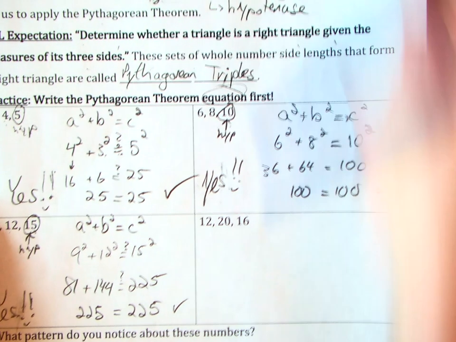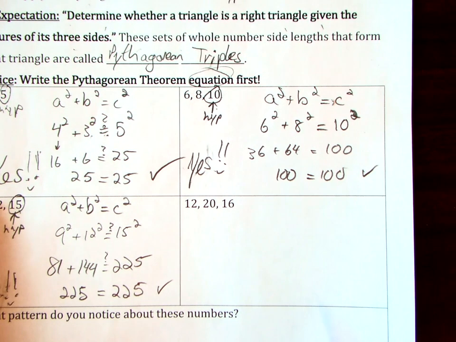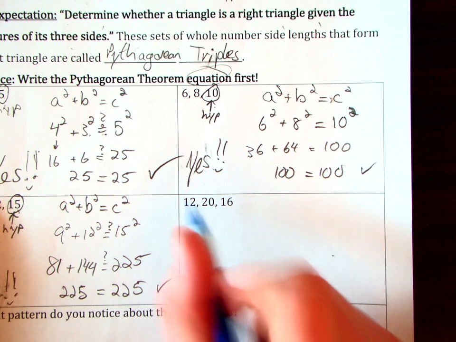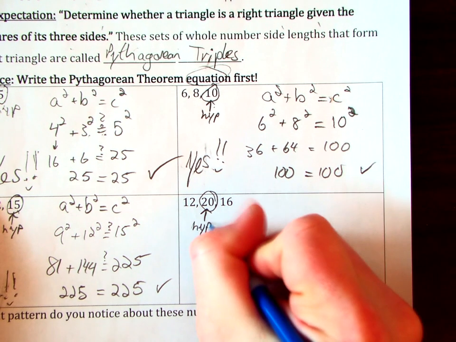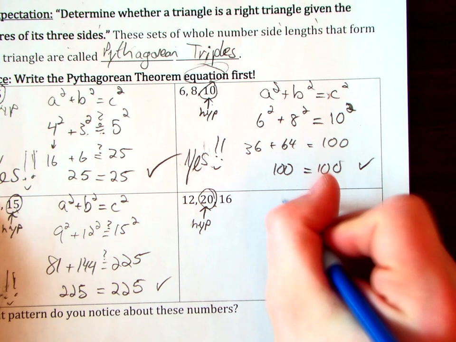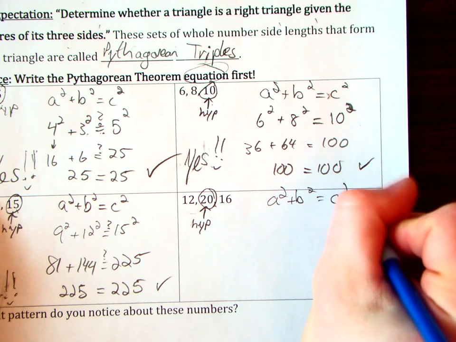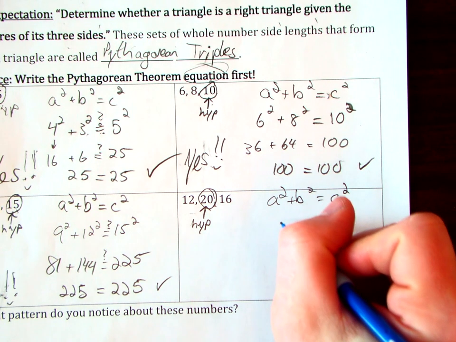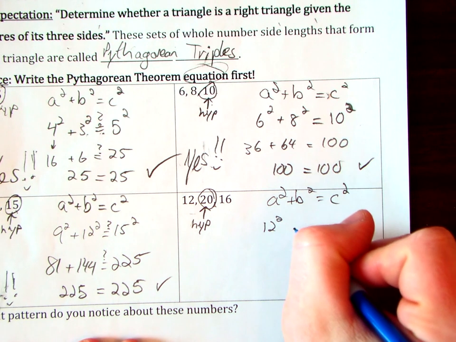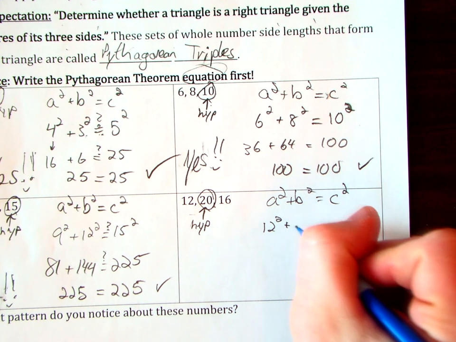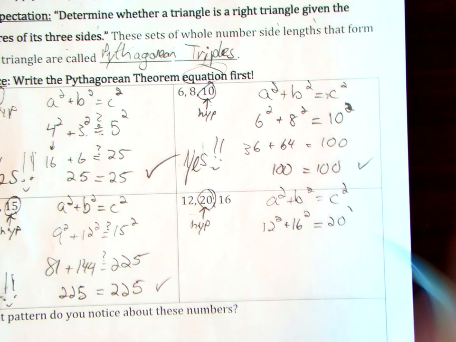So again, make sure that if you need to, you can pause at any point, replay, instant review, all that stuff. So, last set of numbers, which one is the hypotenuse? Because we're looking to see, is this a right triangle? 20 is our hypotenuse since it is the largest of these three values. And so again, a squared plus b squared equals c squared. Plug in those values for your variables. So we have 12 squared added to 16 squared equals 20 squared.